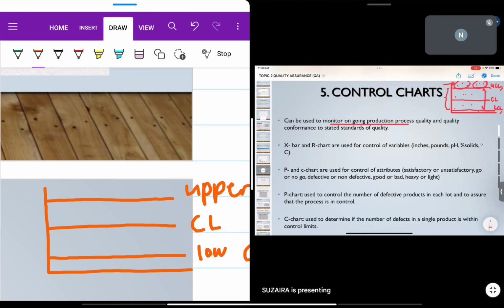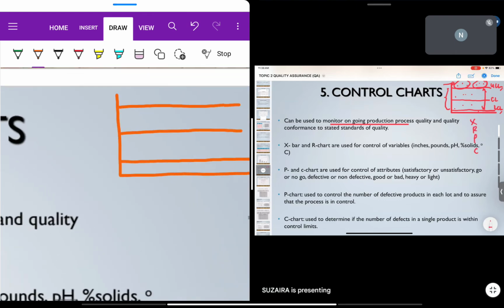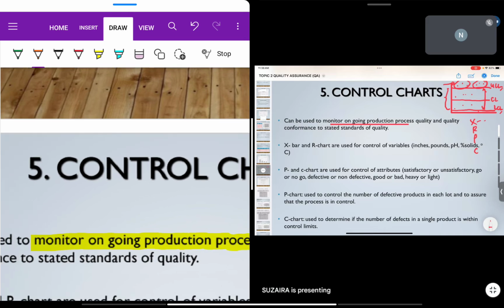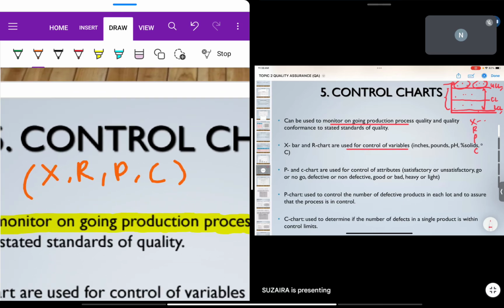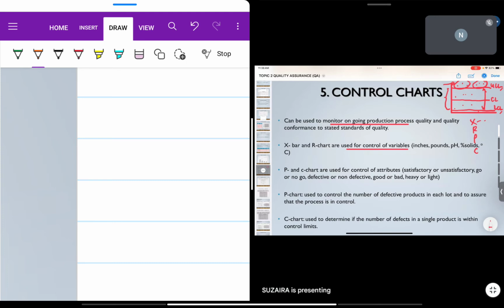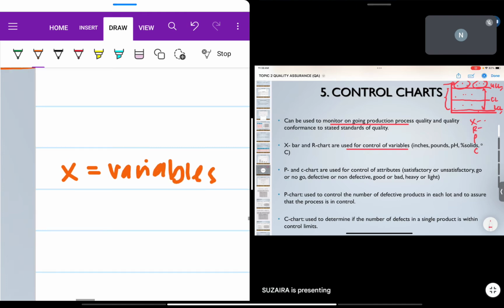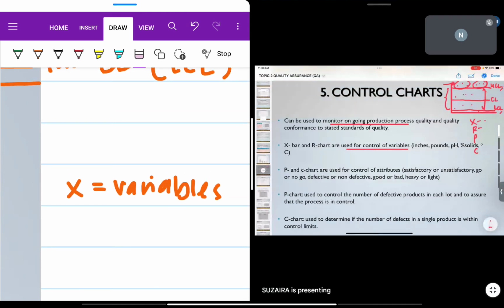In terms of the control chart itself, we have four kinds of charts: X, R, P, and C. The X and R charts are used for control of variables, whether the parameters are weight, pH, total soluble solids, or degrees Celsius. So we can use the X bar and R chart. They have a relationship, because from the X chart we can calculate the R chart.